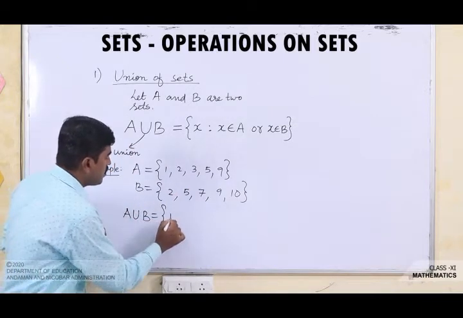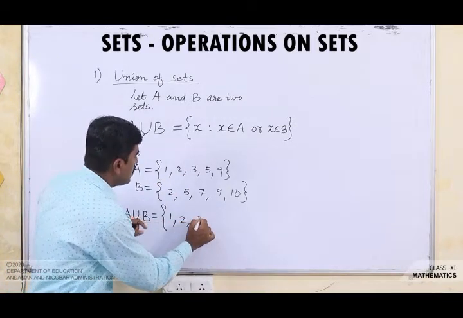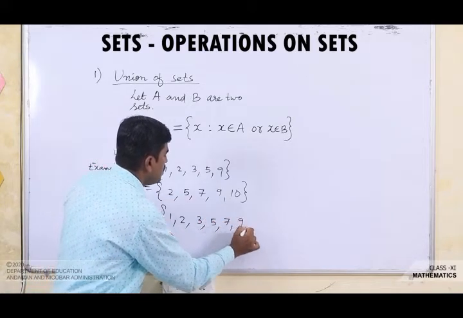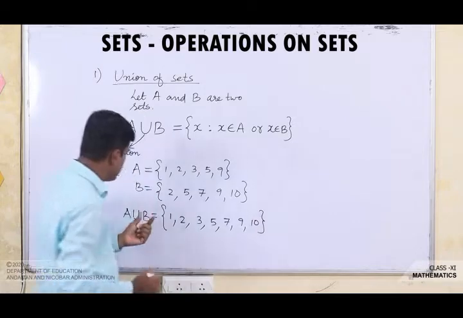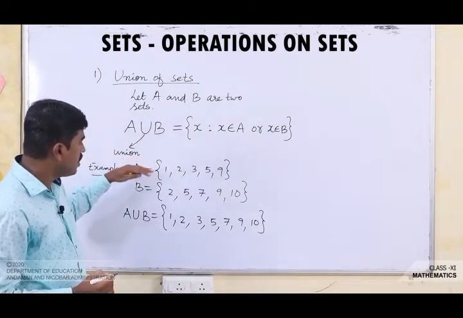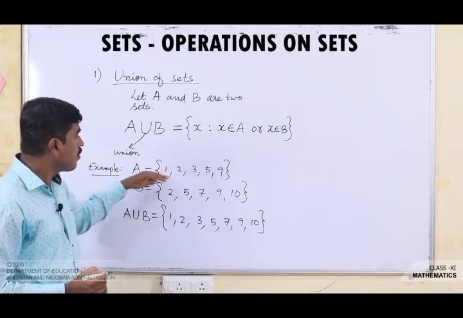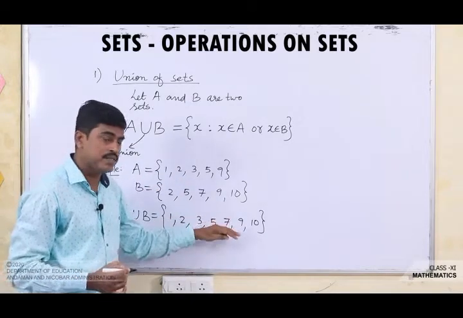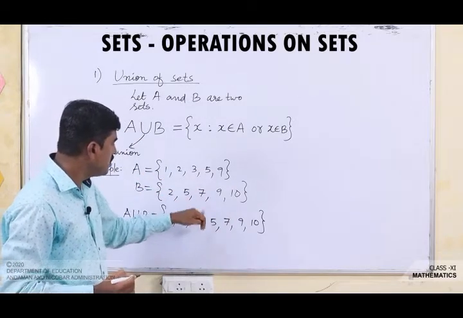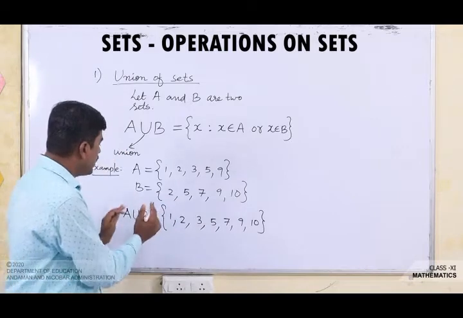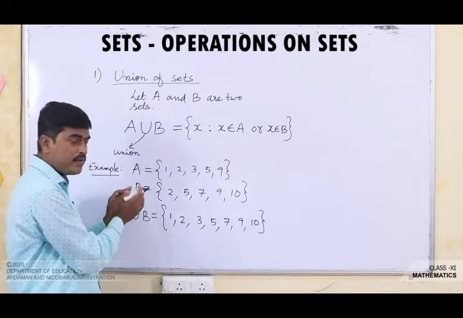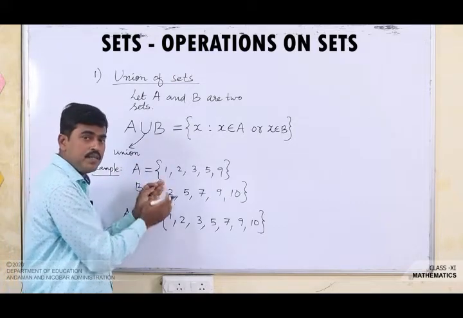That means 1, 2, 3, then 5, 7, 9, 10. So this is A union B. The common elements are taken only once. So A union B is the set of all those elements which are either in A or in B, including the elements which are in both.